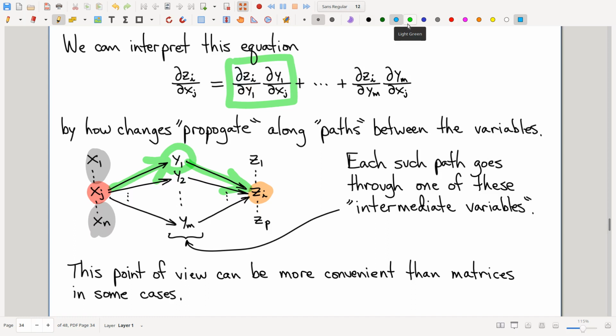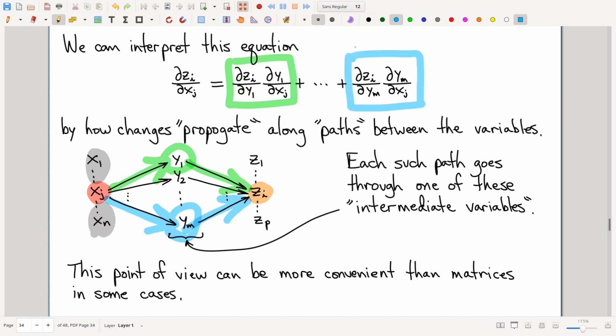The last term: as xj causes y1 to change, and y2, and y3, and so on, xj also causes ym to change. And those changes in ym will also contribute to changes in zi. And notice that gives you that term right there.